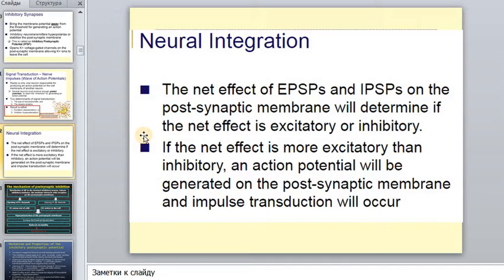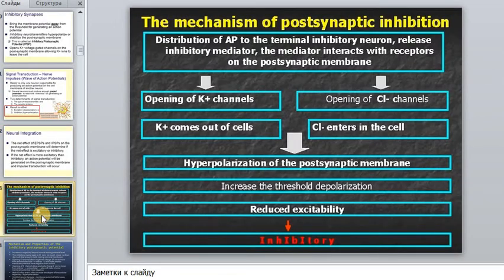In a neuron, if the net effect is more excitatory than inhibitory, an action potential will be generated on the postsynaptic membrane, and impulse transduction will occur, or it will just stop in different cases. And this slide shows the mechanism of postsynaptic inhibition.